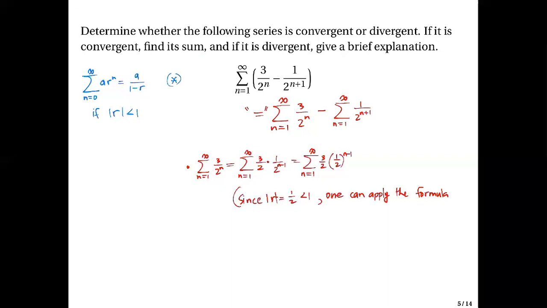So one can apply the formula star. Continuing, we now have 3 halves over 1 minus 1/2. But this is just 3 halves over 1/2. So this is just equal to 3.